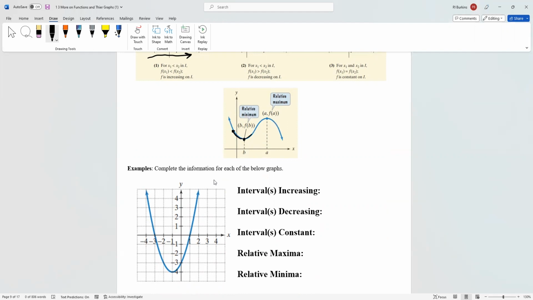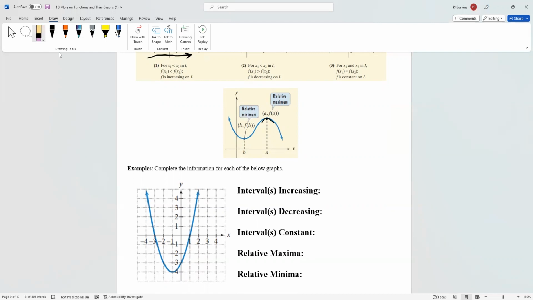All the values to its right are getting bigger. So that point's the lowest point on the graph relative to its position, meaning it's a minimum there. And then at this point, this point is higher than all the points to its left. It's higher than all the points to its right. Therefore, it is a maximum.